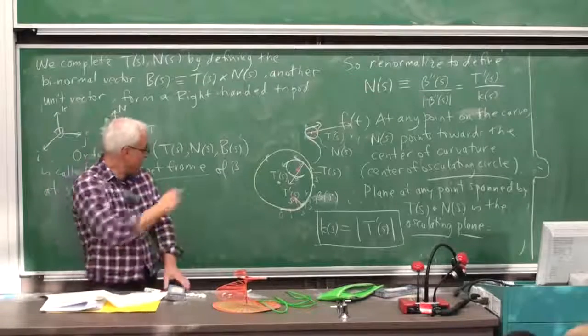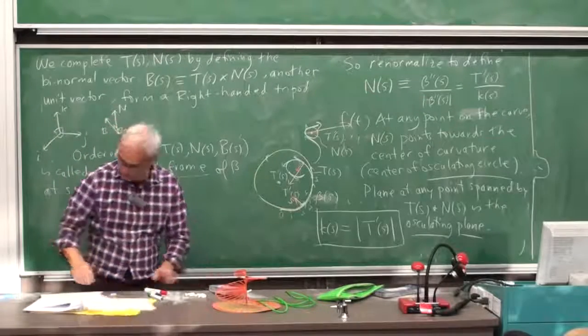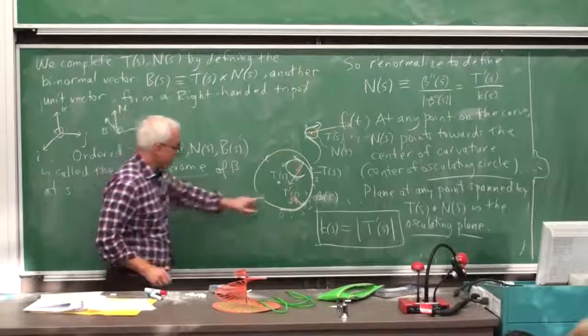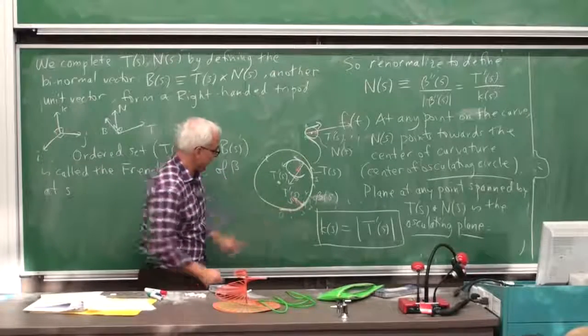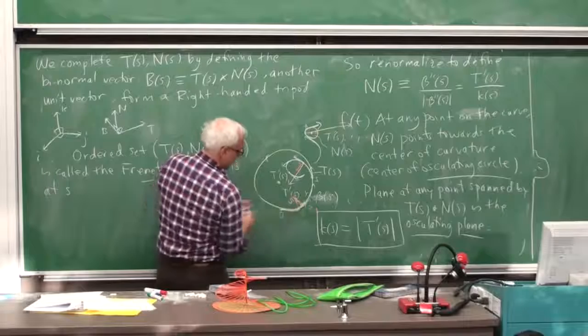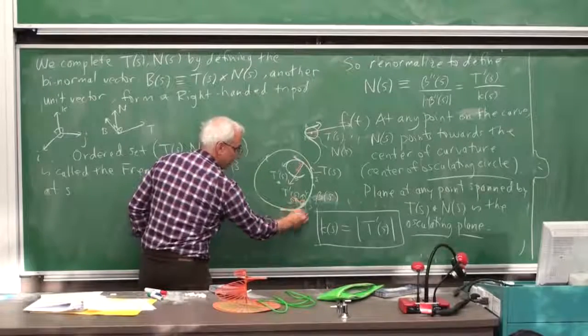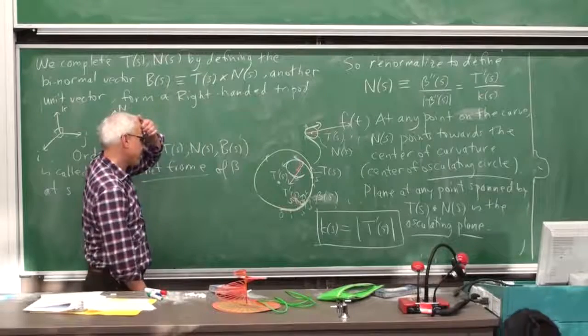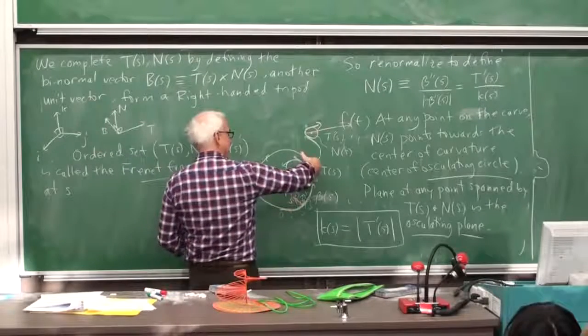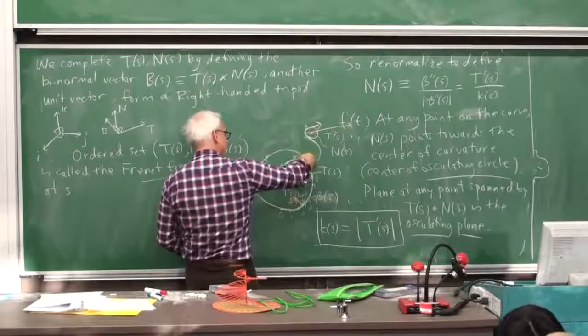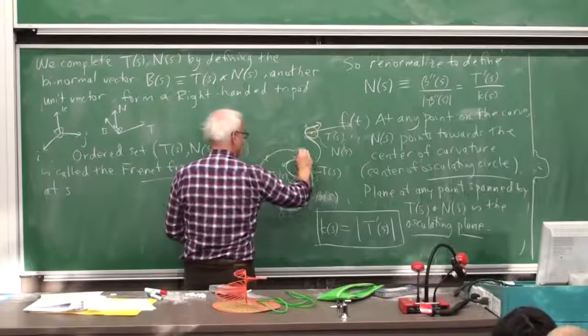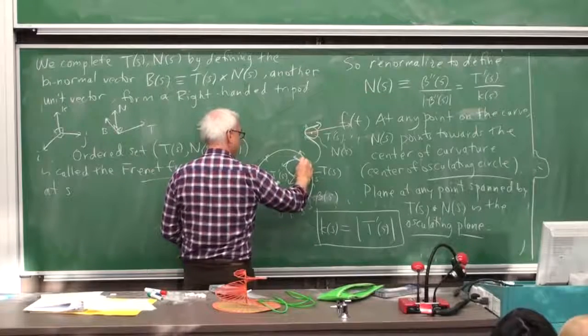All right, so we have to augment our picture. We had T's and N's, so there's going to be a B coming out, also perpendicular. Here there's a T that way, an N in this direction, a B coming out, perpendicular to both.